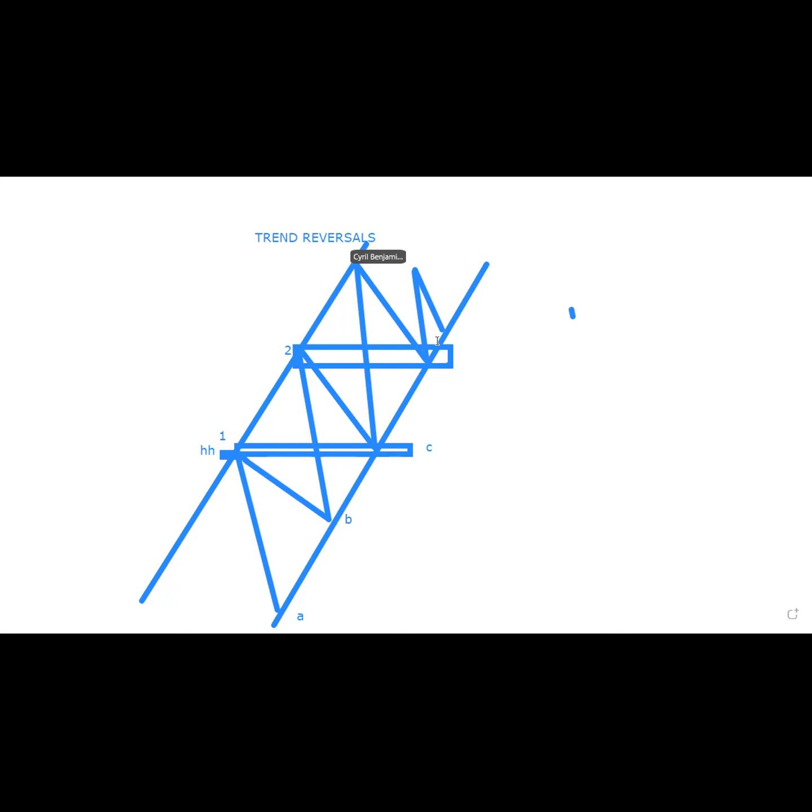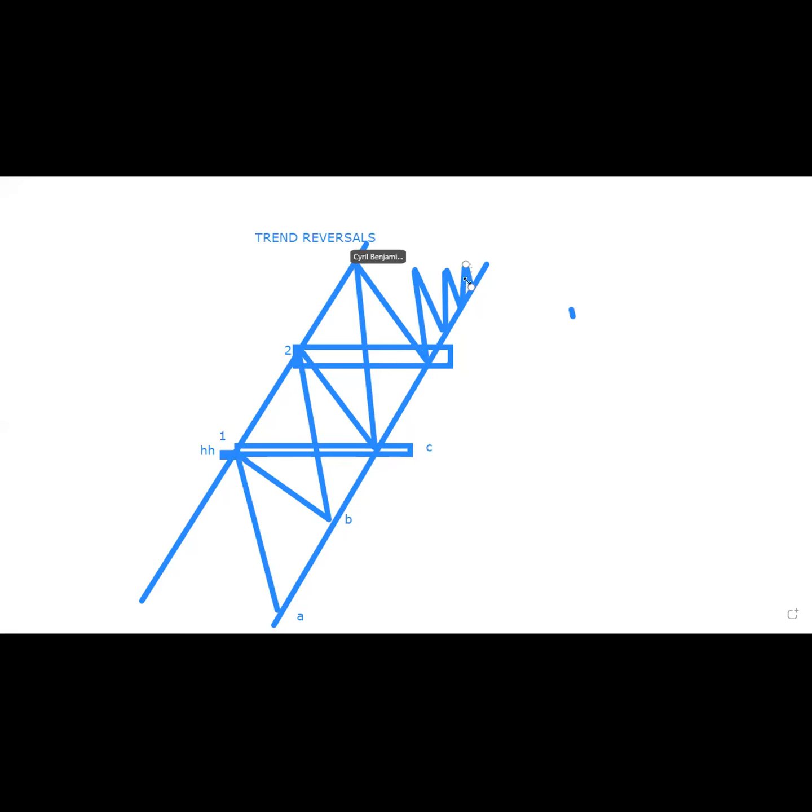Number 3 sign is the market might likely start to range. Are we all there?